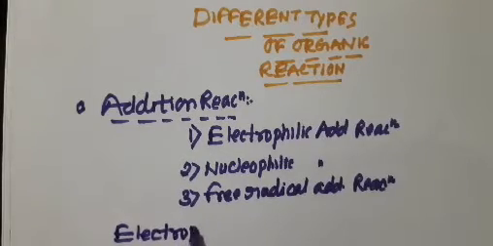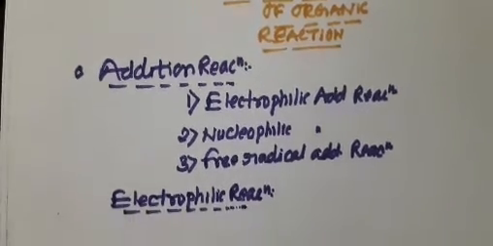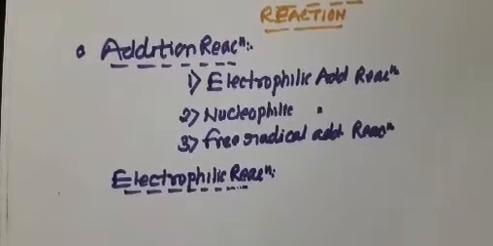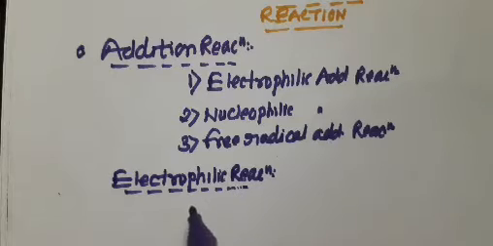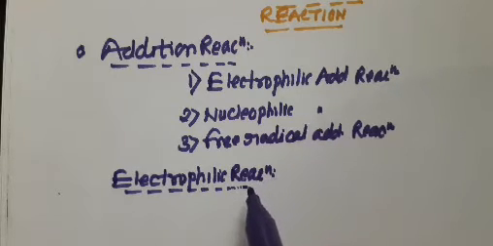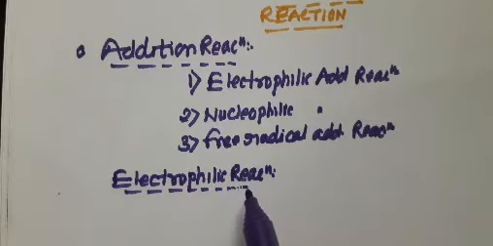electrophilic addition reaction. The addition reactions which are taking place by the help of electrophiles are known as electrophilic addition reactions, and electrophiles are the electron deficient species. Mainly alkenes and alkynes have the tendency to show the electrophilic addition reaction.